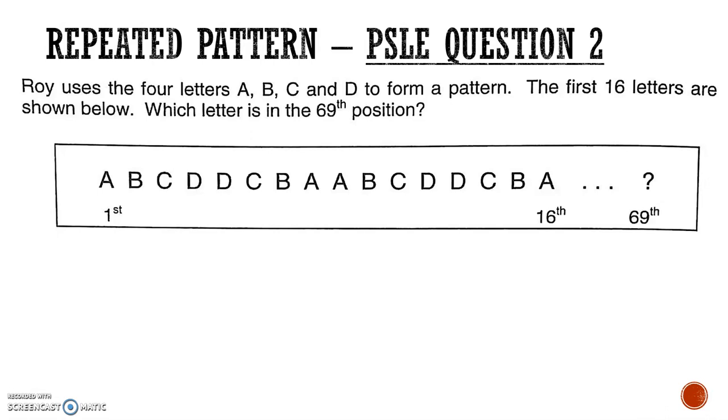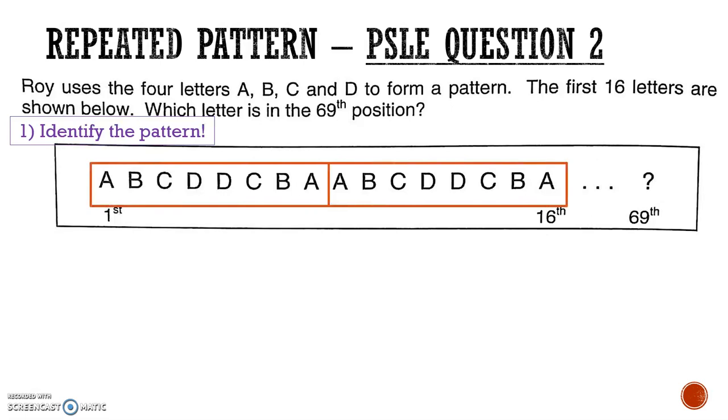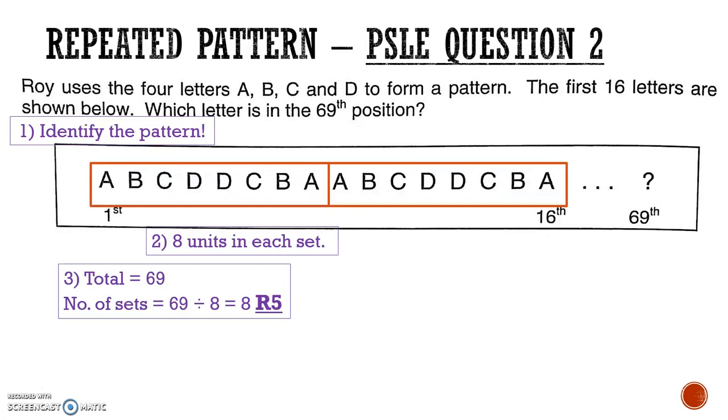Okay, let's go through the question and solve it together. Identify the pattern first. I hope you get this. Each set has 8 units. And since we are looking for the 69th position, 69 divided by 8, you will get 8 remainder 5.